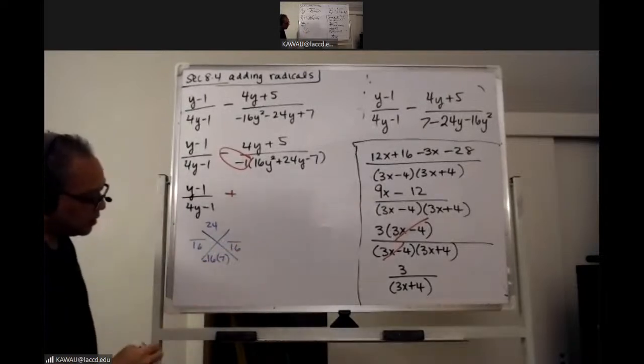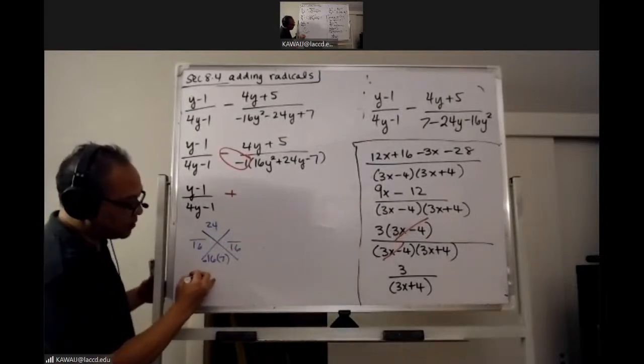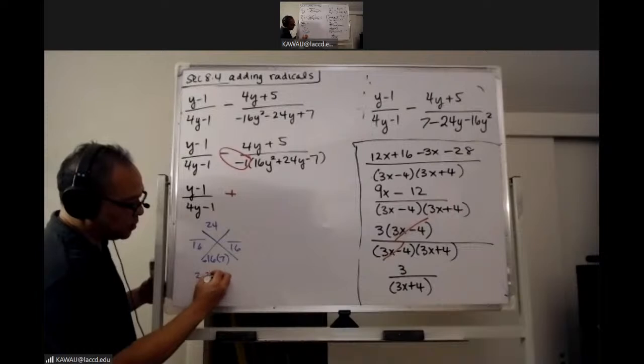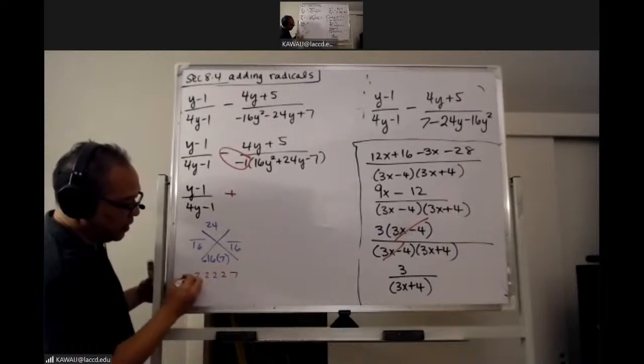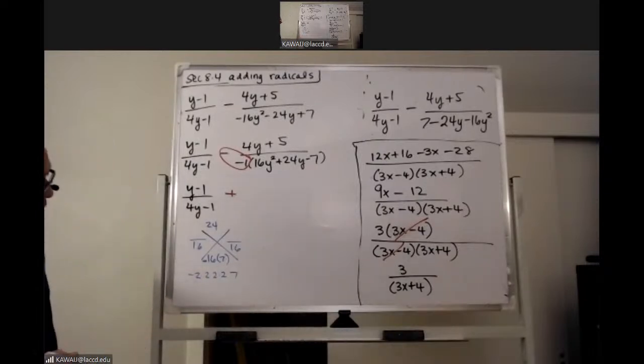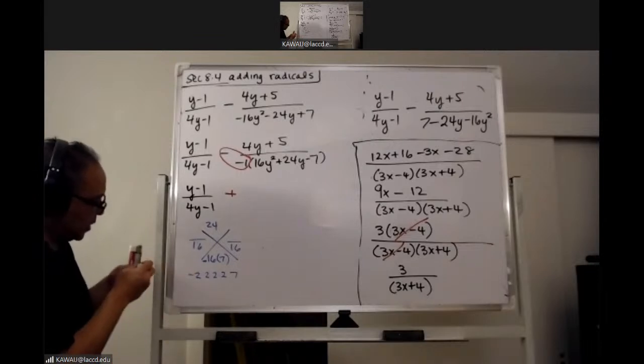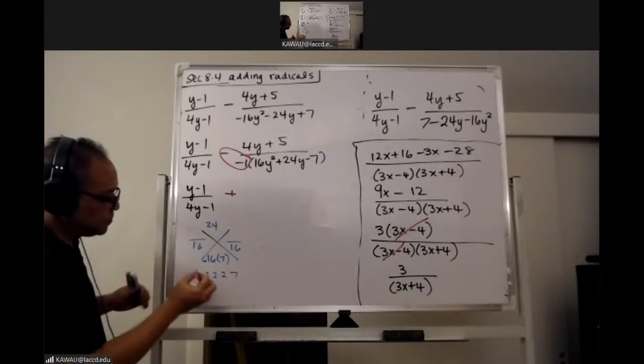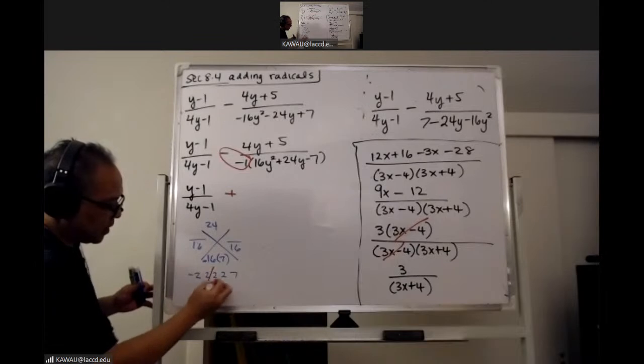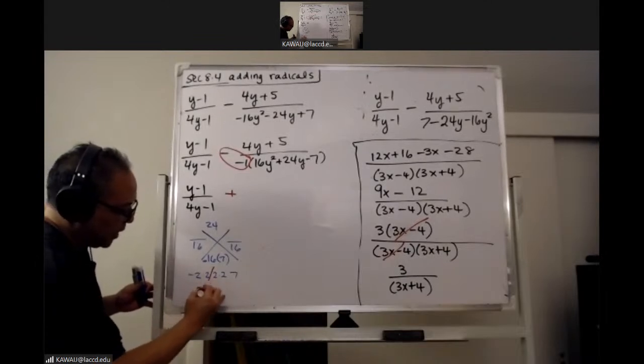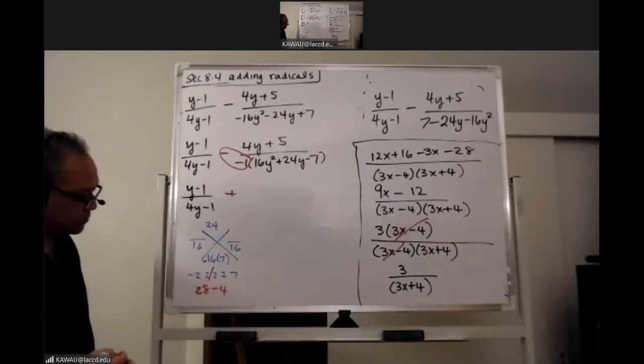Since this is a big number, I'm going to look at the prime factors: 2, 2, 2, 2, and 7. And I have to do a subtraction. So I kind of see it. If I split it this way, I can sort of see 28 minus 4.